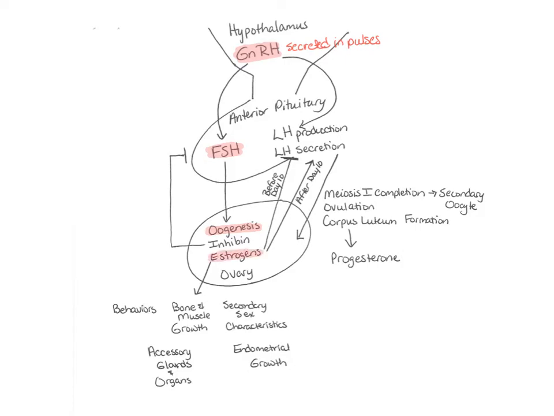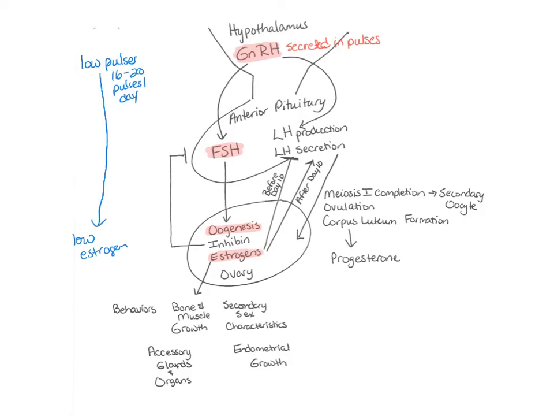Estrogen levels are going to increase as the follicle cells increase in numbers. Early in the follicle phase of the ovarian cycle, the estrogen levels are low. When the estrogen levels are low, the pulse frequency of the release of gonadotropic releasing hormone will be lower, around 16 to 24 pulses per day.